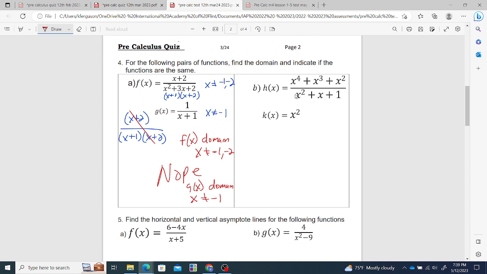Because of the way this is set up, I'm not going to get a 0 in my denominator for any real number I put in. So then the domain for h of x is all real numbers.